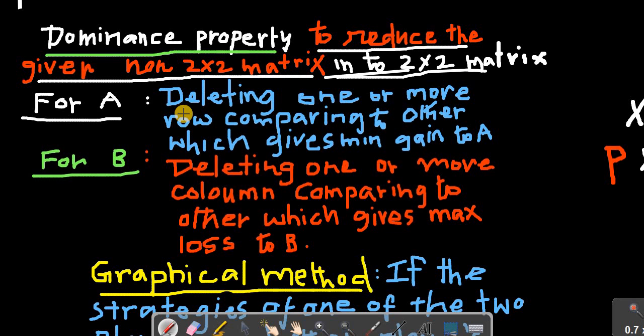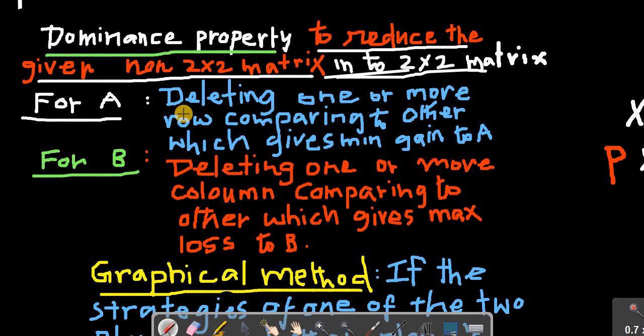If any row's elements are less than the other rows, then the lesser row can be struck out. Still the game play will not be disturbed. So what A is doing is avoiding a strategy which gives a minimum gain when compared to the other strategies.